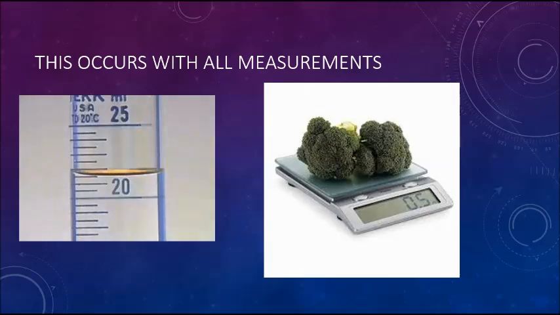The electronic balances that we'll use a lot in class are always estimating for you. That last place on the scale is actually the machine's estimate. Sometimes you'll see it flicker between a couple of different numbers. Usually it'll kind of settle down and decide on which one it wants.